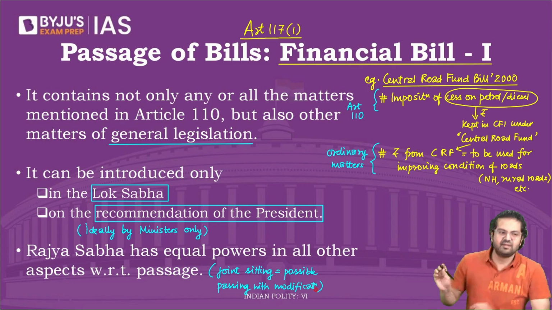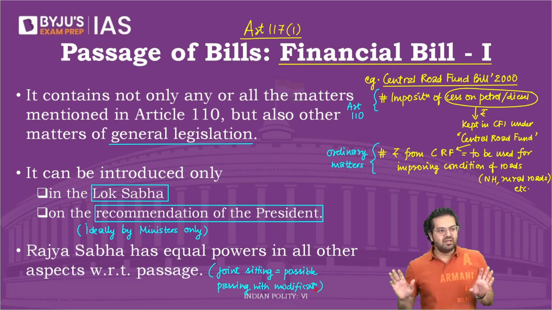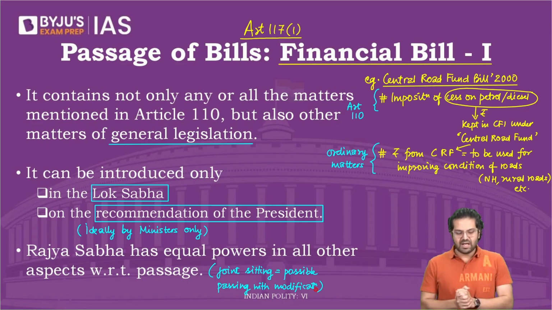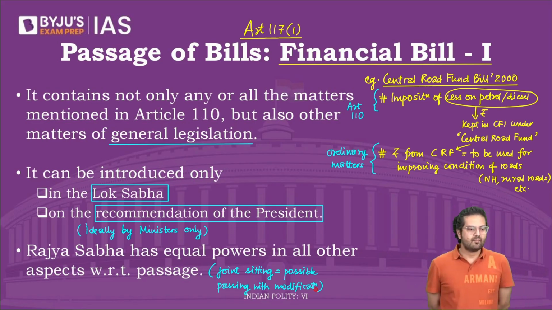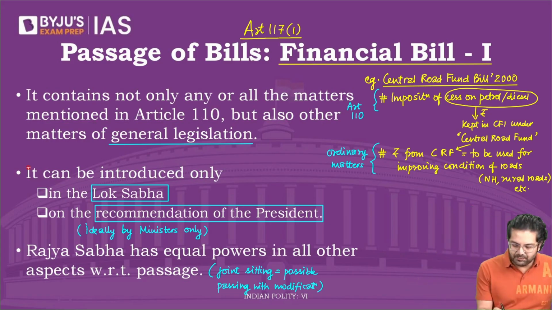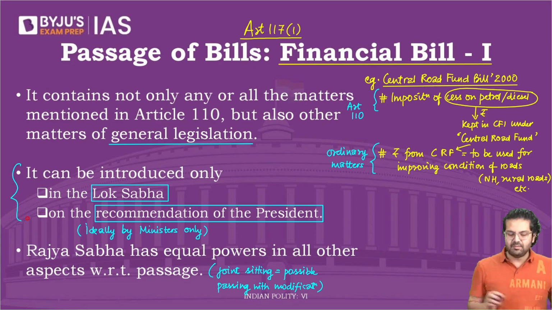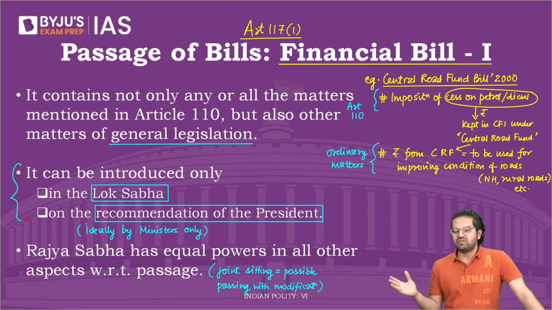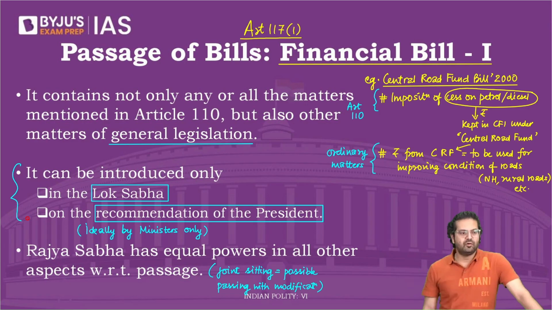Every such thing is possible, nothing unique. Are we clear? The only point is the introduction process is the same as money bill, but when it comes to passage, there is no difference whatsoever. Clear?